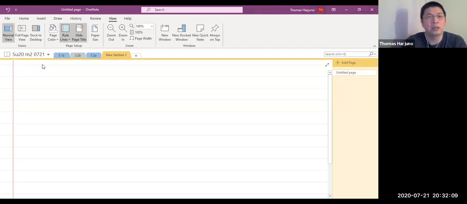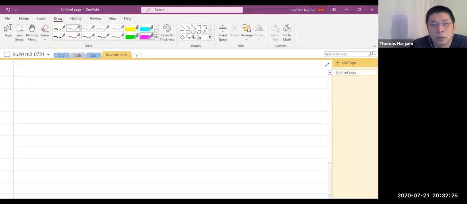Basic identities. There are a lot of formulas you need to memorize, even these basic identities that I will do in the next 20 minutes. There are 4 big groups. I need you to memorize this, let's say today. Tomorrow we will apply them. If you don't memorize it, the harder it will be to move forward.